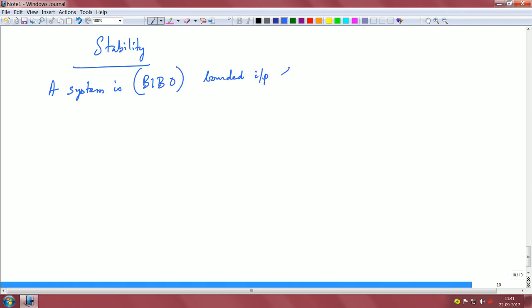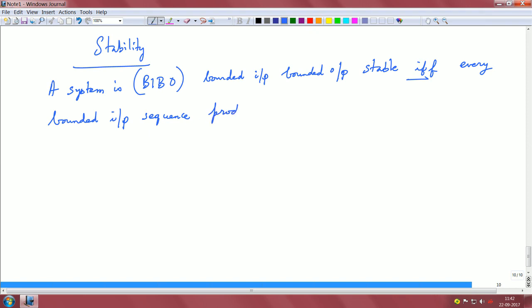A system is bounded input, bounded output stable if and only if every bounded input sequence produces a bounded output sequence.